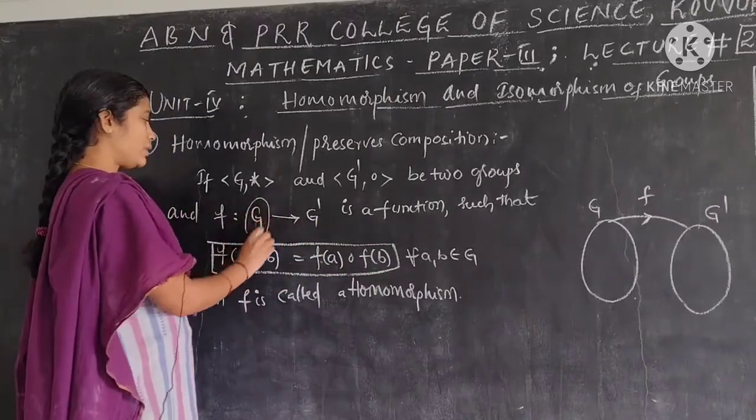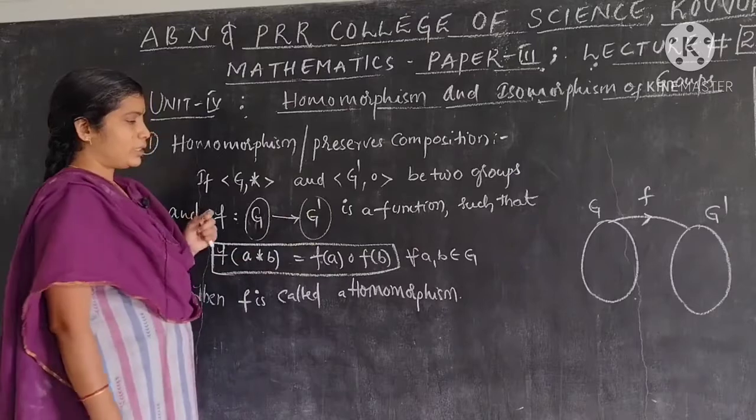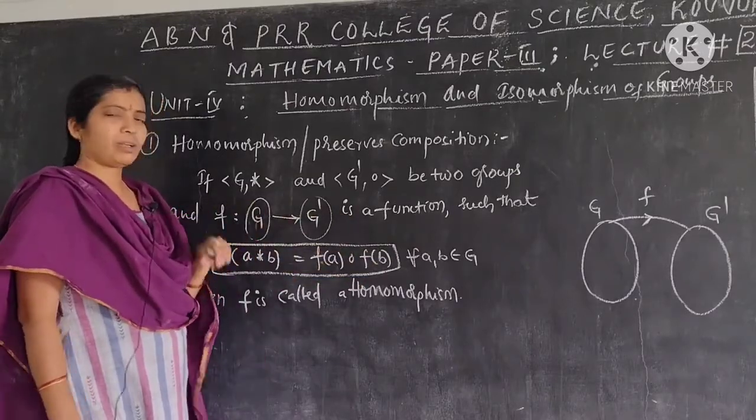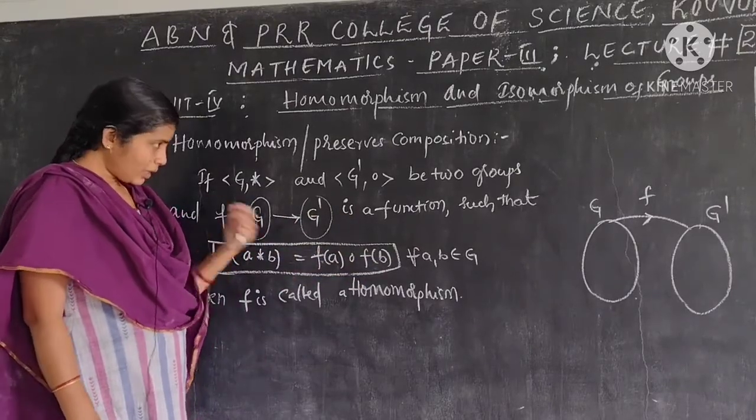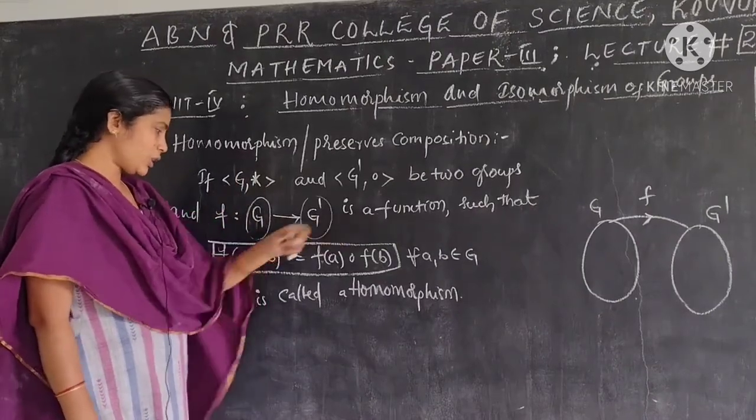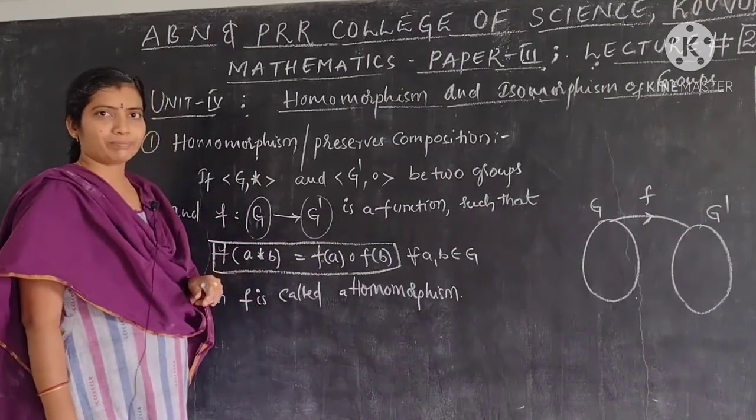This is the domain and this is the codomain. Then such a function is called a homomorphism.